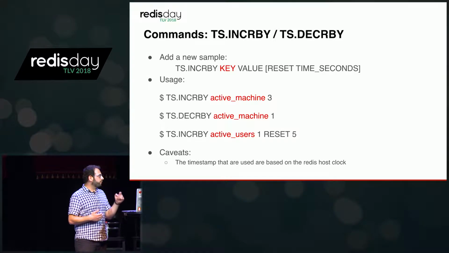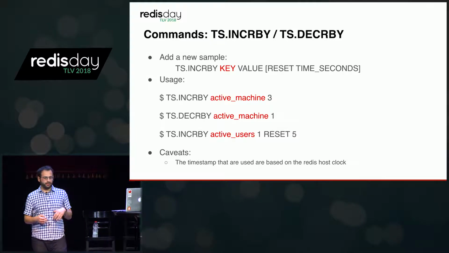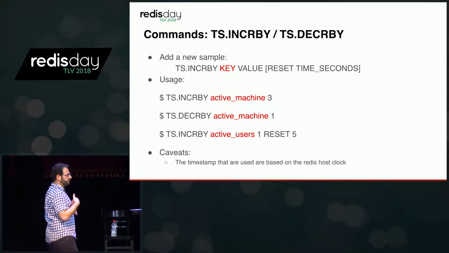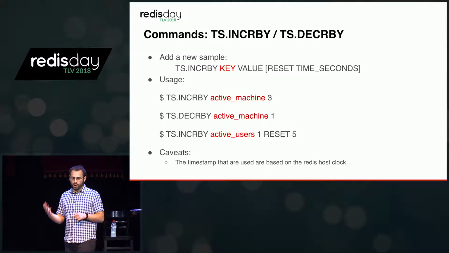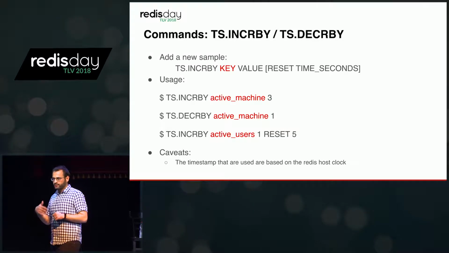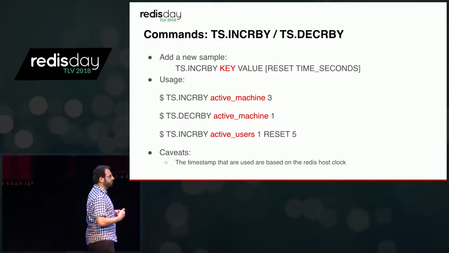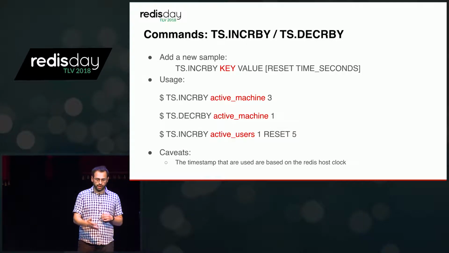So, for example, here we have two commands for the active machine. Let's say we call INCRBY on active machine at timestamp 0, and then we call DECRBY active machine 1 at timestamp 1. You can see that the latest counter will be 2, but if you look at the history, you will see that there is actually more than one counter, and you can see the trend over time.